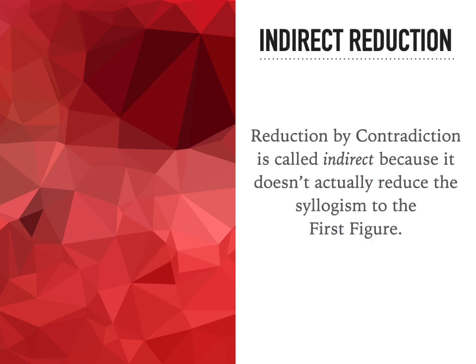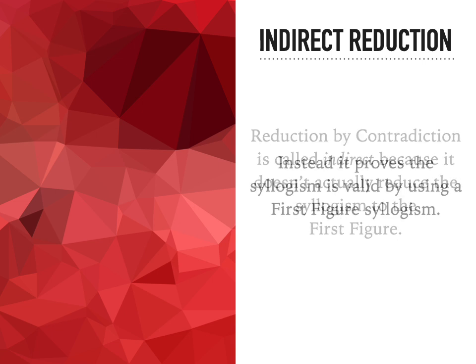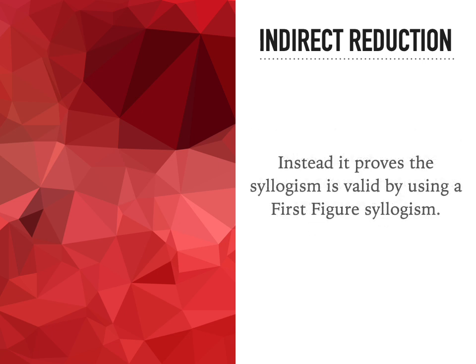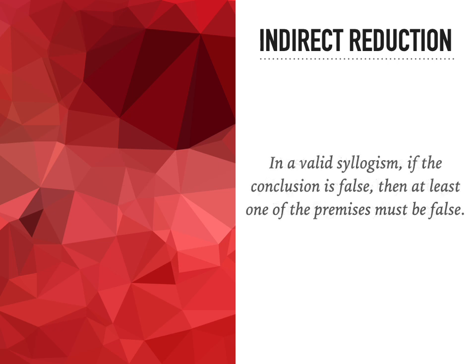So reduction by contradiction is, we call it indirect because it doesn't actually reduce the syllogism to the first figure. Instead, what we're going to do is prove the syllogism is valid by using a first figure syllogism. It's indirect. You might remember from before that in a valid syllogism, if the conclusion is false, then at least one of the premises must be false.